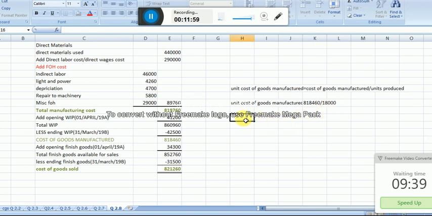Now we can simply find the unit cost of goods manufactured. This is called unit cost.